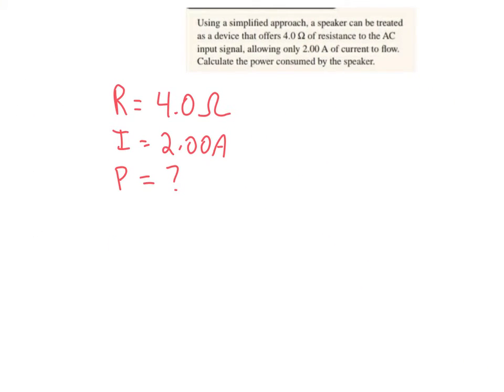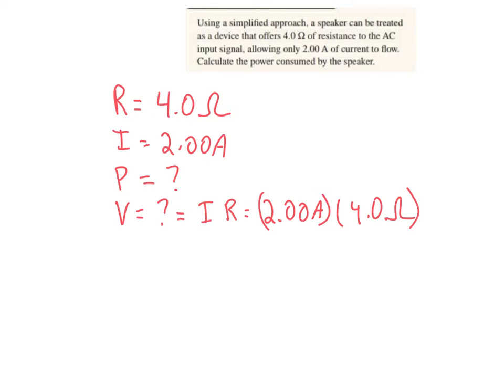So in this case, we also need V. V we don't know, but we know that V is equal to IR, which we are given. So that's going to be 2.00 amps multiplied by 4.0 ohms. An amp ohm is equal to a volt, and so that is going to equal 8.0 volts. Now that we have the volts, we still haven't actually answered the question, because the question says calculate the power.